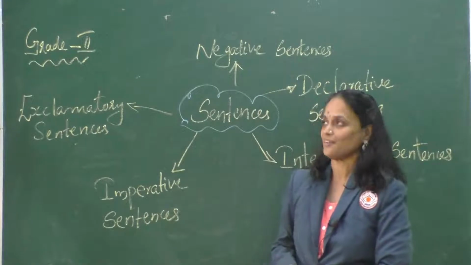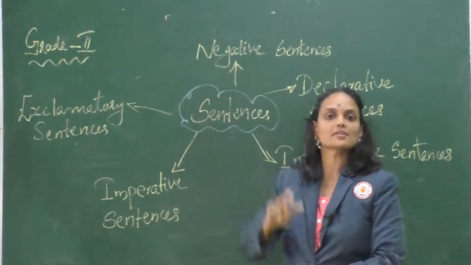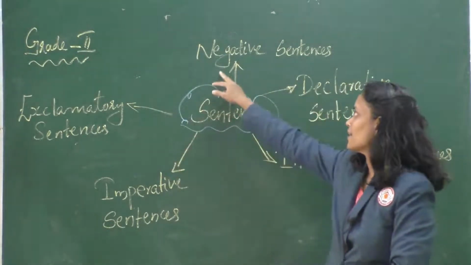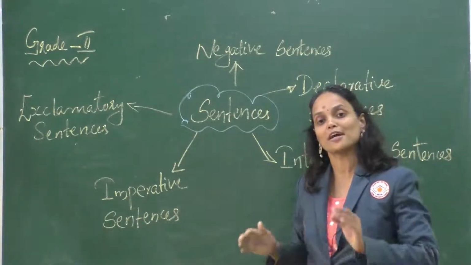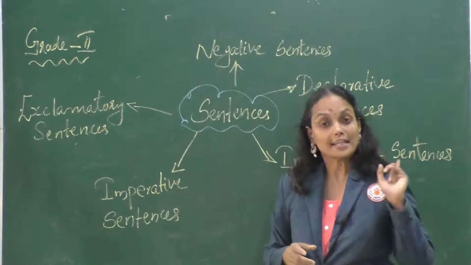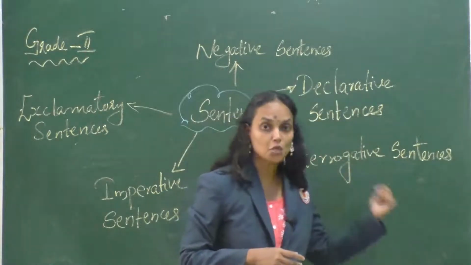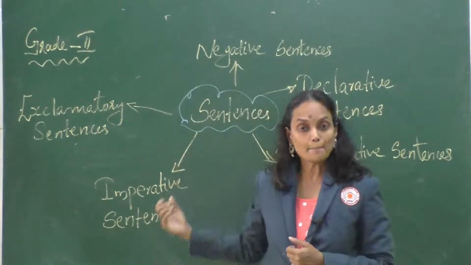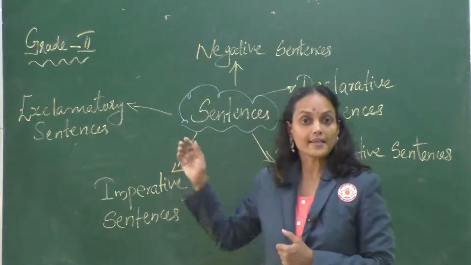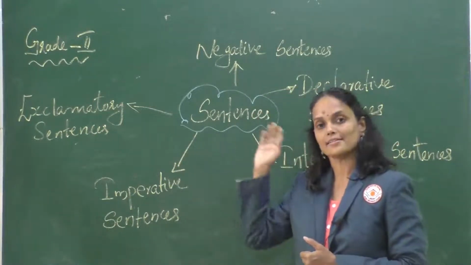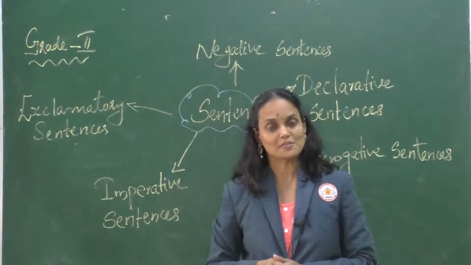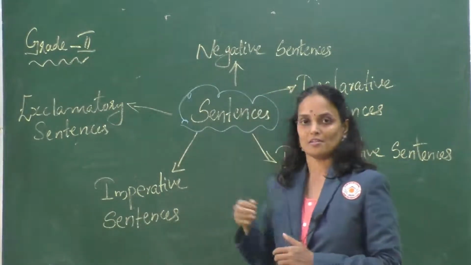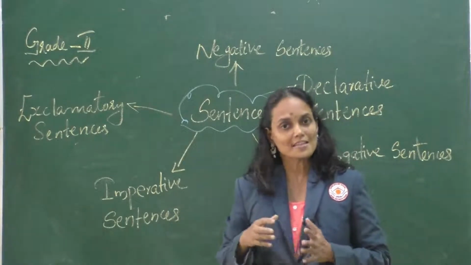And the last one is negative sentences. So what are the 5 types of sentences? Declarative sentences, interrogative sentences, imperative sentences, exclamatory sentences, and negative sentences. Now we are going to discuss each and every category of sentences in detail.